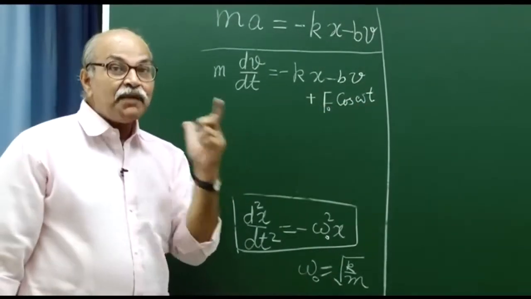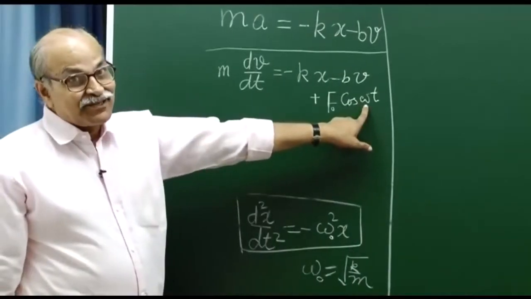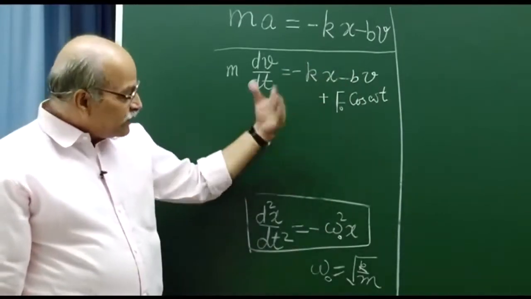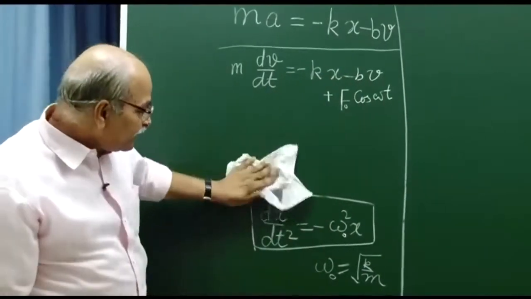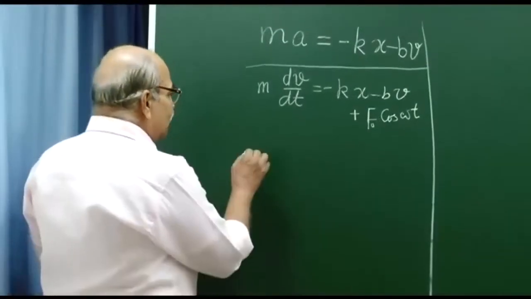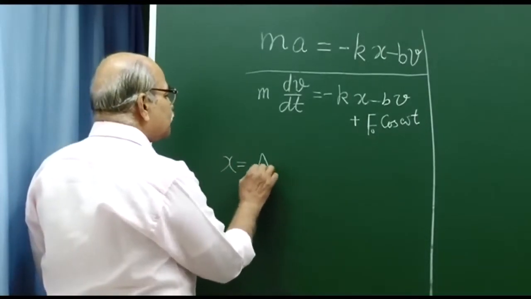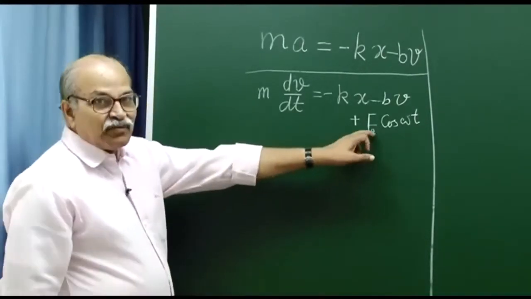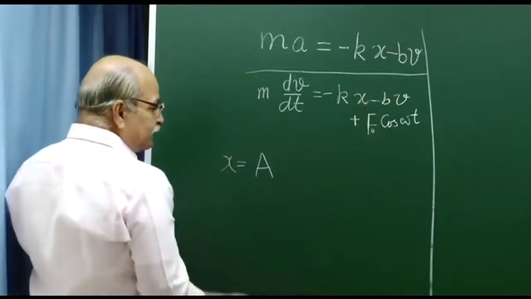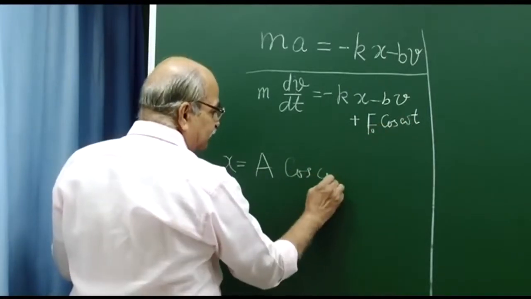If I am applying that periodic force, I can decide what this omega should be. Then your equations are modified, but finally your x turns out to be some constant, which will depend on how much is f naught, m and b, times cos of omega t.